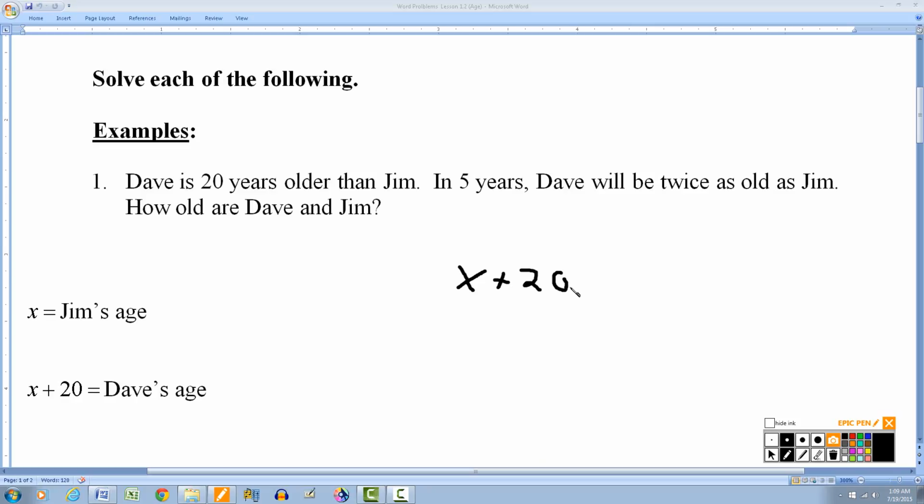So this is Dave's current age, x plus 20. I'm going to add 5 to this. Dave will be, so that means equals, twice, that means double. So that's 2 times whatever Jim's age is in 5 years. And if Jim is x years, in 5 years he would be x plus 5.